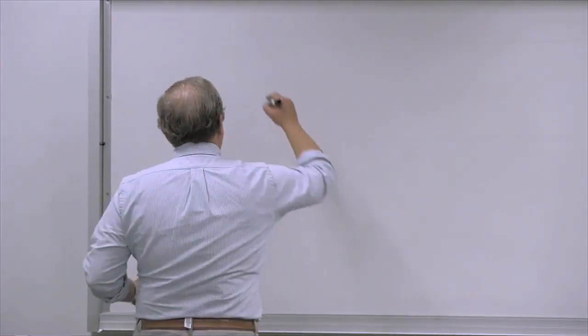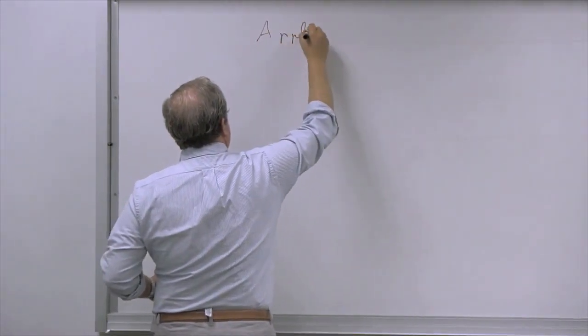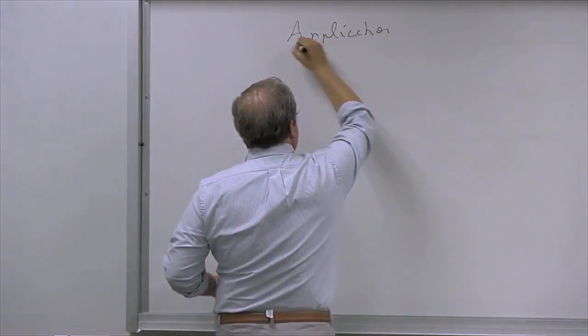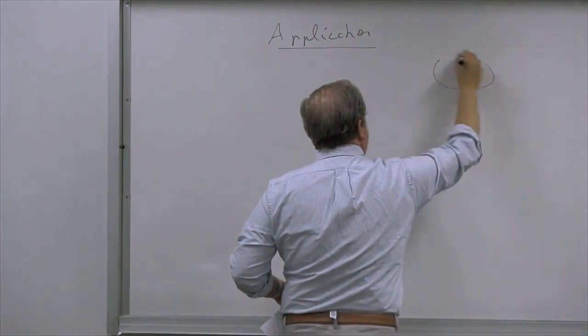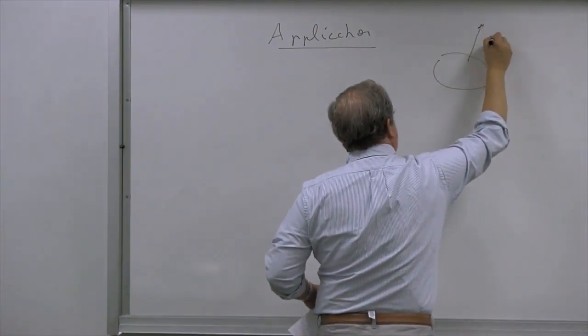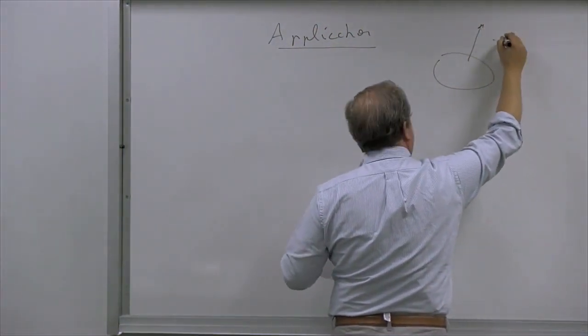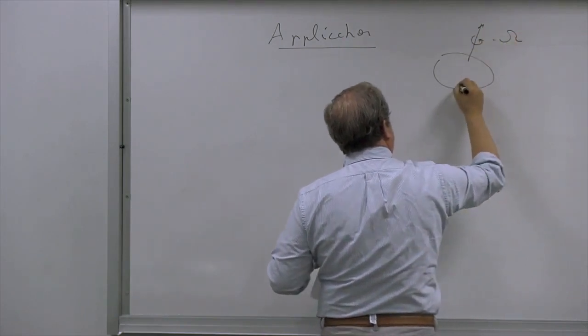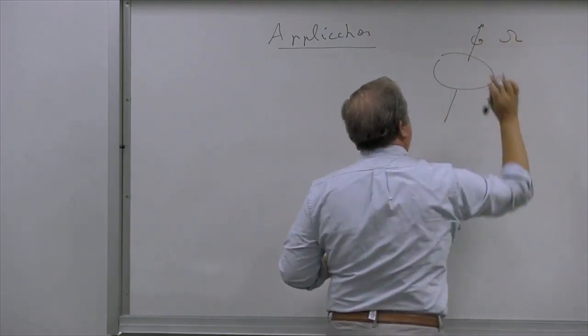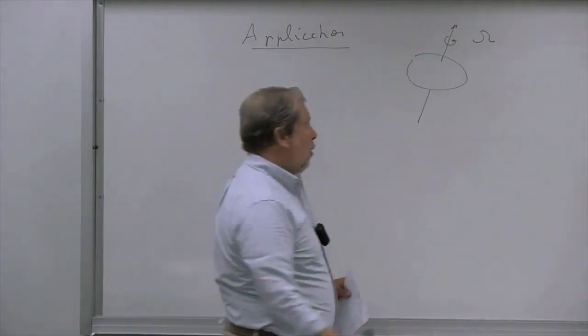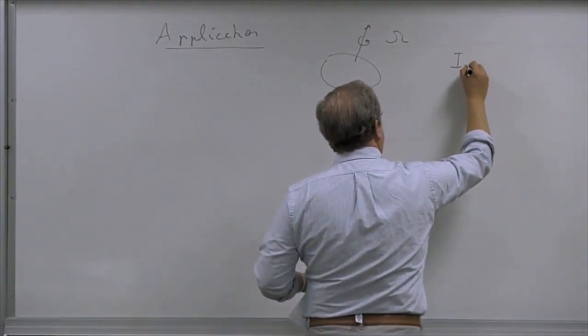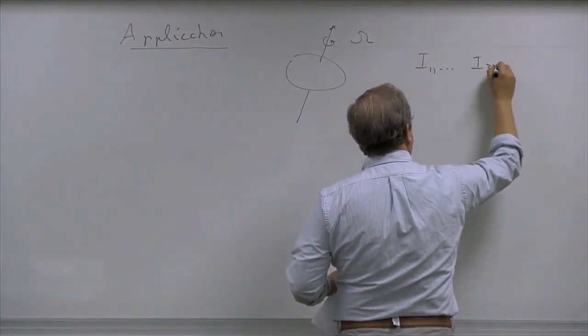Well, we have just a few minutes. So as an application, we can consider a body that is rotating with some angular velocity about this axis, and which has certain moments of inertia, which are I11 all the way to I33.